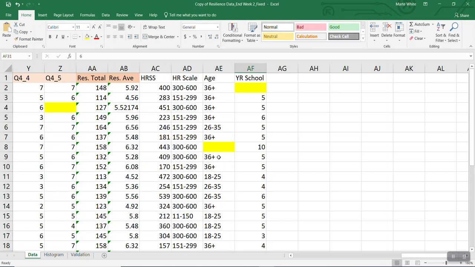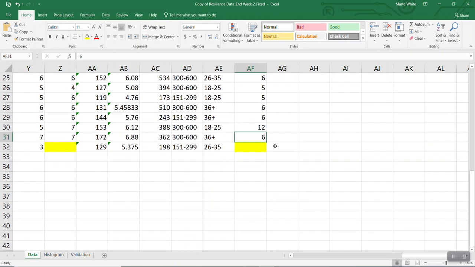Then the age category. We need to clean that up too, so we can code that. We're going to code that with 18 to 25, we're going to call that equals 1.